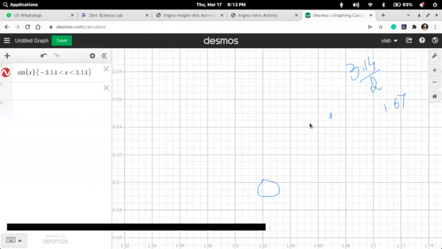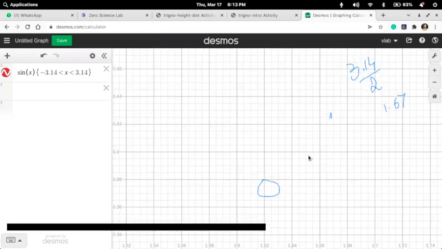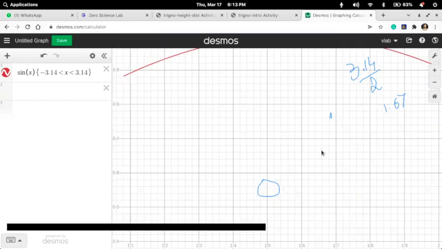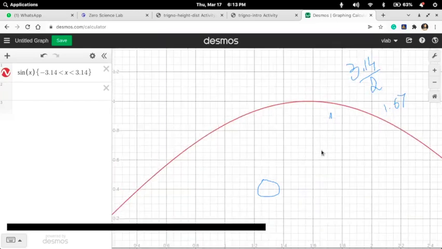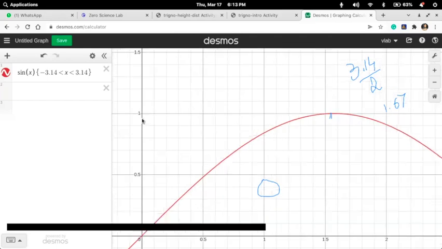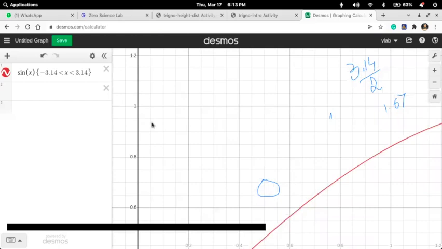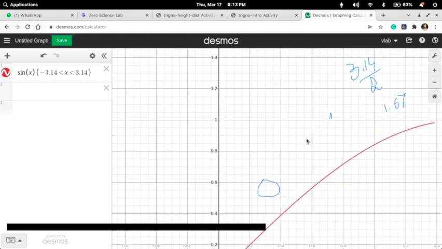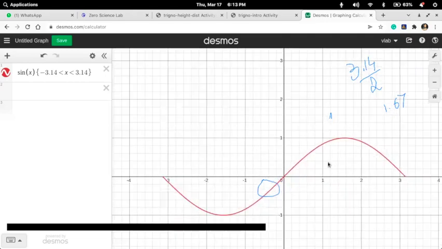This is how much you can find out. How much is this at this point? This is almost 0.9 or so, right? Yes, sir. So you can find out.